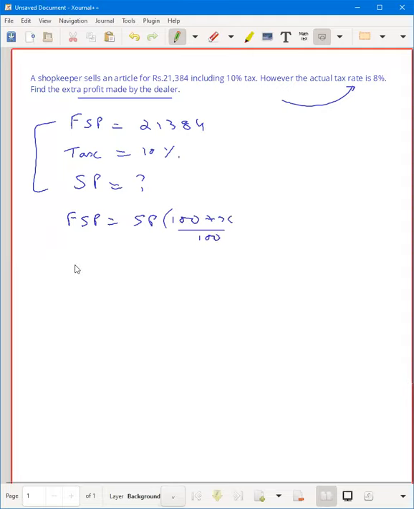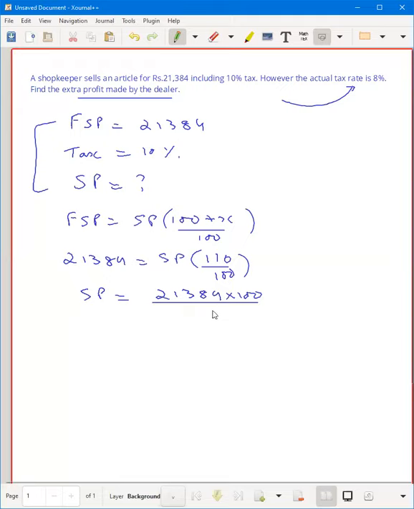Okay, so let's plug this in. 21,384 is equal to SP into 110 upon 100. SP would be equal to 21384 into 100 upon 110, right? If you cancel this and work it out, it will come to 19440.